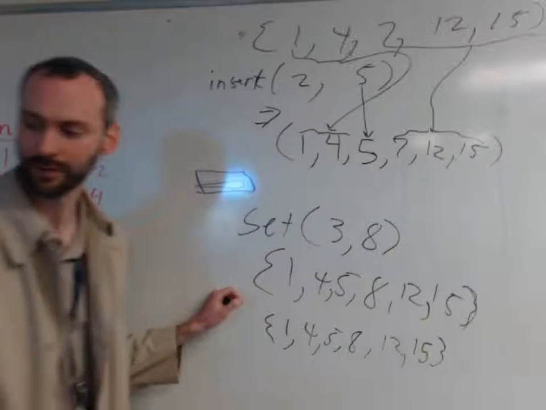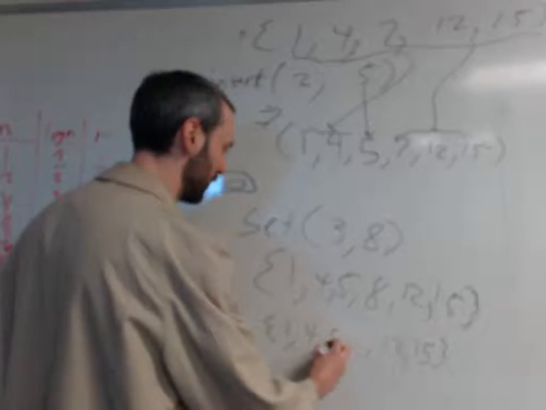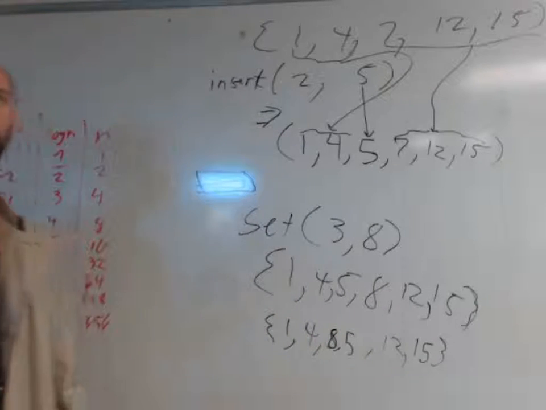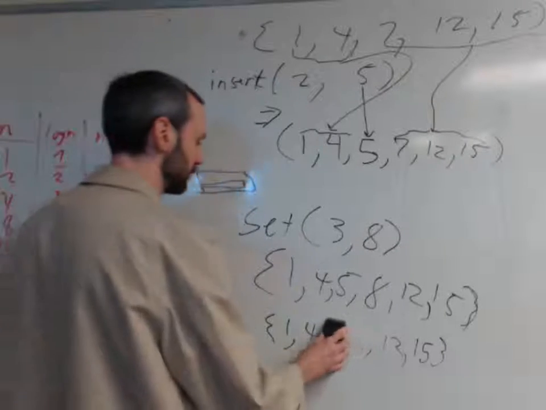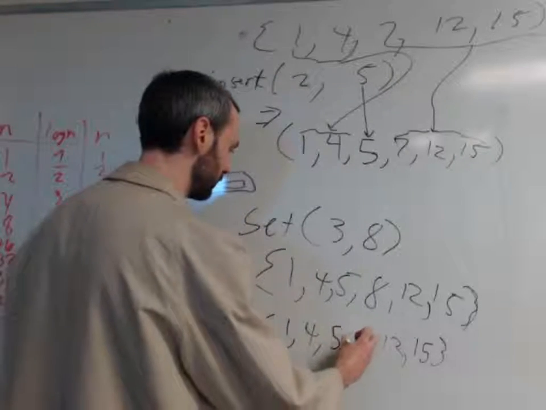Yes. Before you write that, 1, 4, 8, 5 is not equal because they're in a different order. If you swap 5 and 8 back around, they have the same elements in the same order.